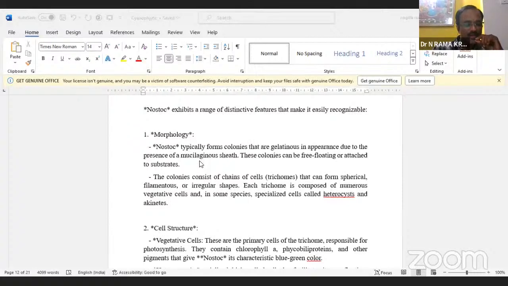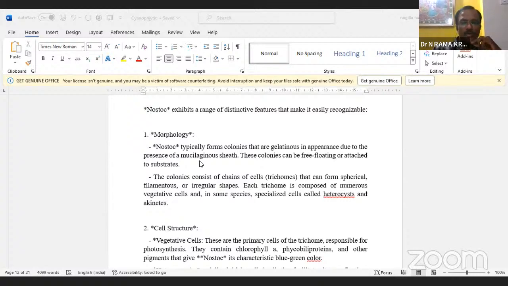Nostoc is a filamentous form which grows in large colonies of closely packed trichomes. There are about 30 species of nostoc. It has an aquatic habit, including fresh water and marine.